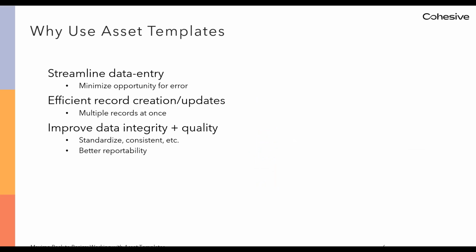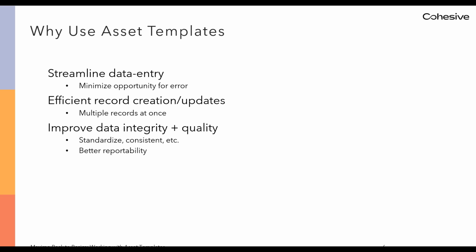Why should you consider using asset templates? As I mentioned, once you've got a template created, you can then use that multiple times again in the future. You're able to create net new records or apply those to existing records.